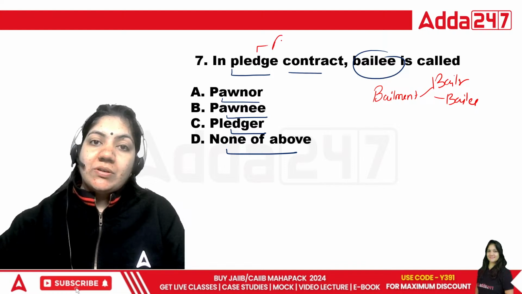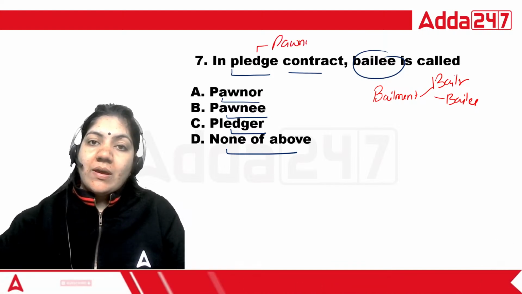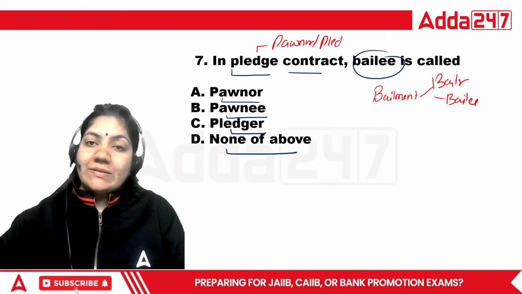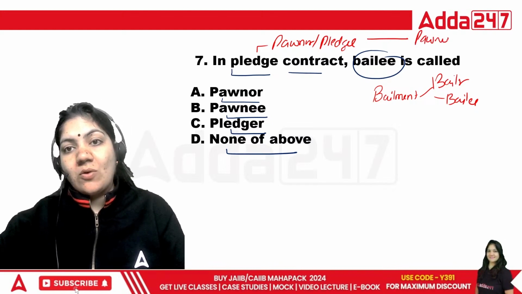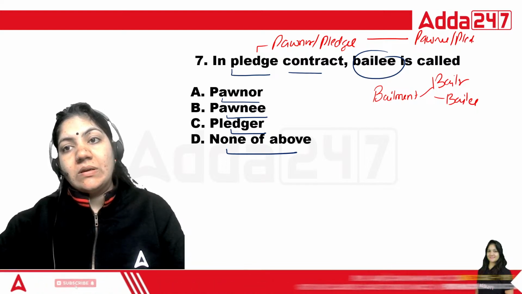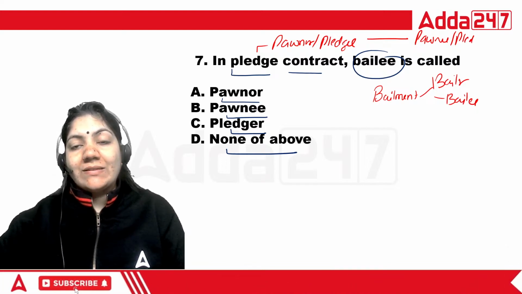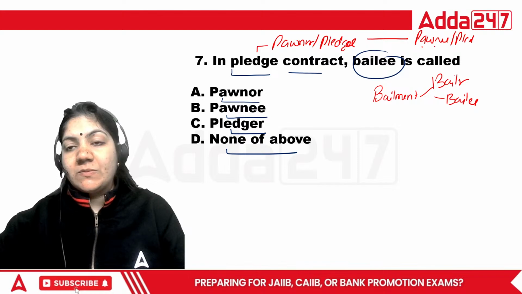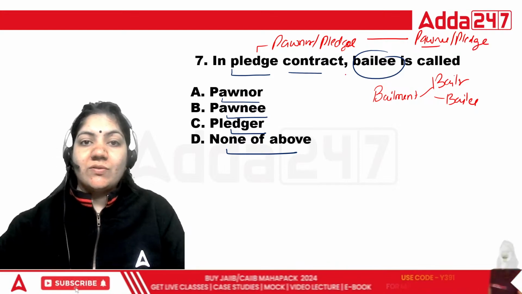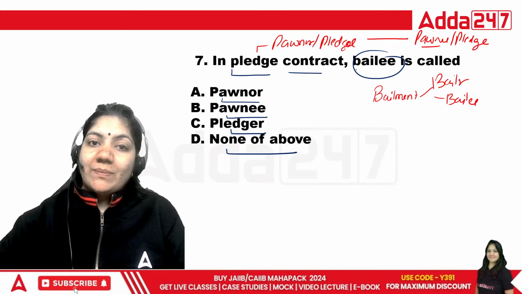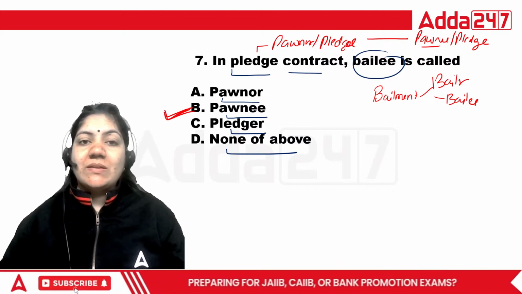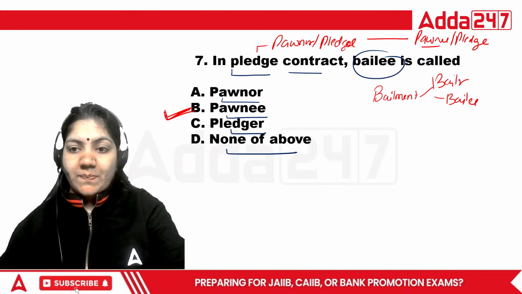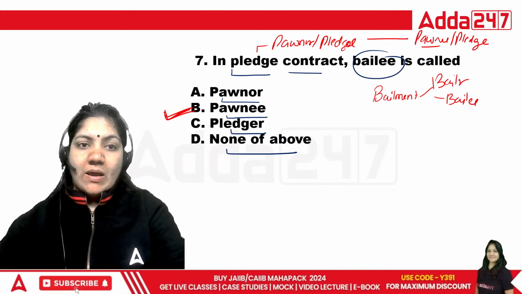In the pledge, there is the pawnor, also called the pledger, and the second is the pawnee, also called the pledgee. So in the pledge contract, the bailee is called the pawnee. Okay, so for the seventh, B is the right answer for this question. Is that okay? Now, that's great.